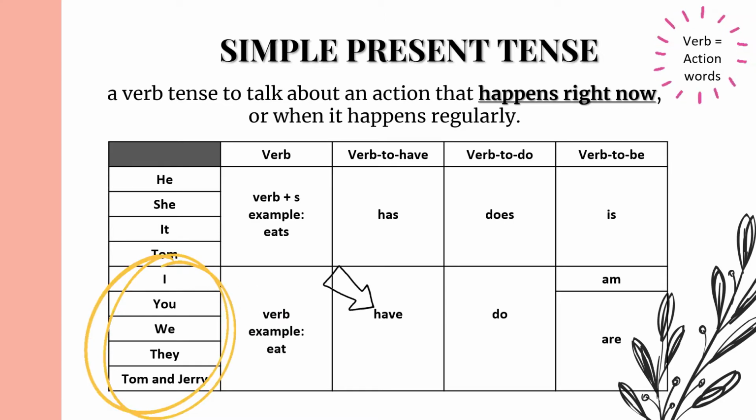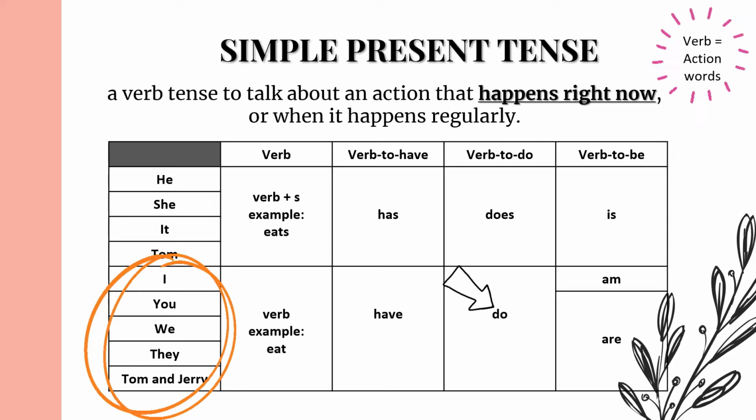For verb to have, I have, you have, we have, they have, Tom and Jerry have. For verb to do, I do, you do, we do, they do, Tom and Jerry do. And the last one, for the verb to be, I am, you are, we are, they are, Tom and Jerry are.